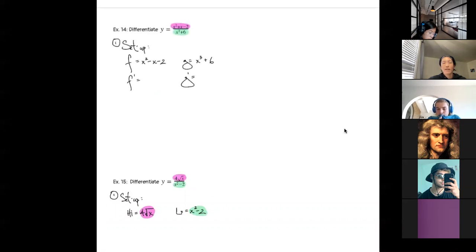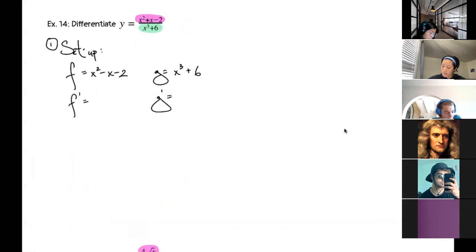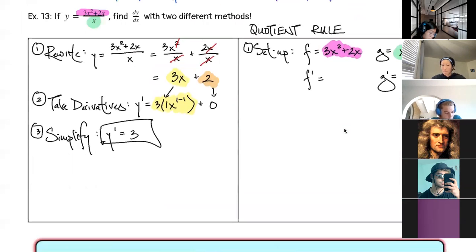But when we're identifying these, we're really saying what's the top of the fraction, what's the bottom of the fraction, okay? So now let's go back to our original and see if we can make sense of the rest of it.